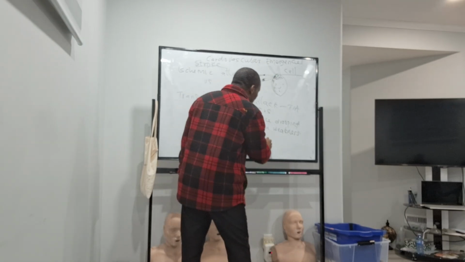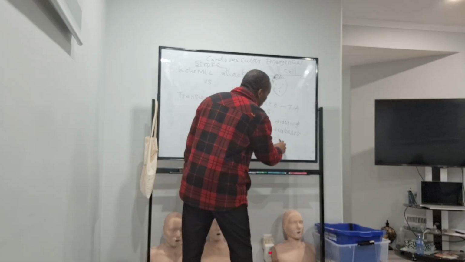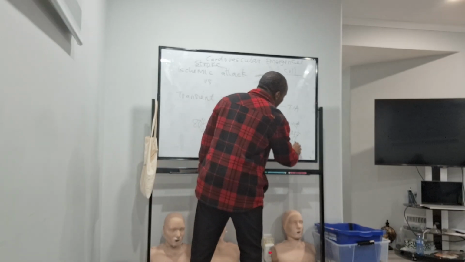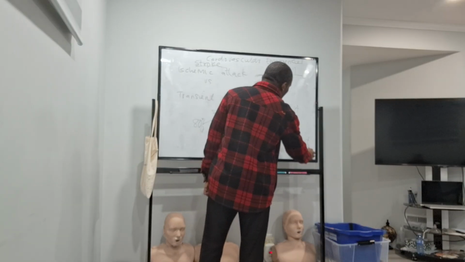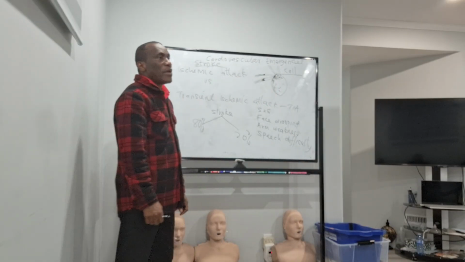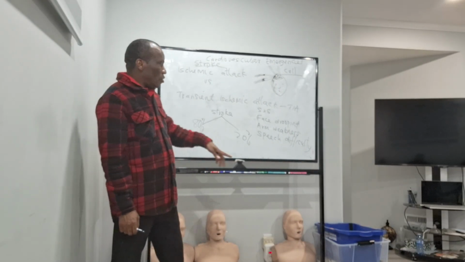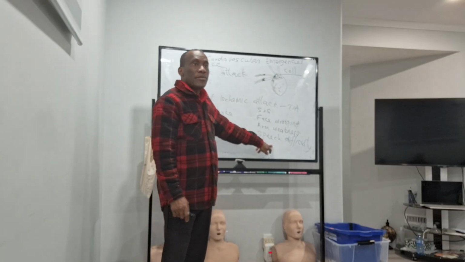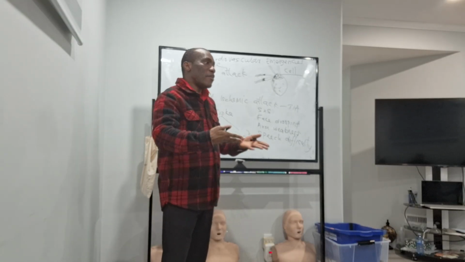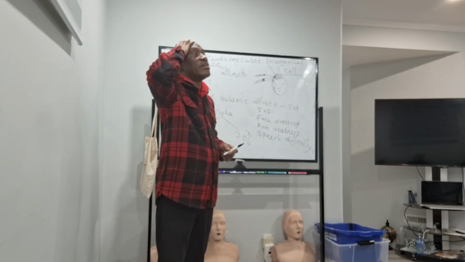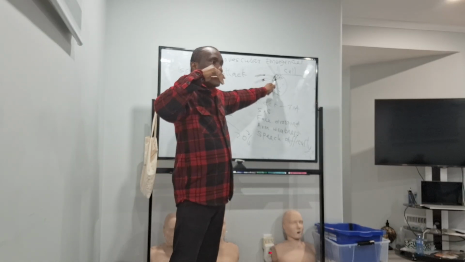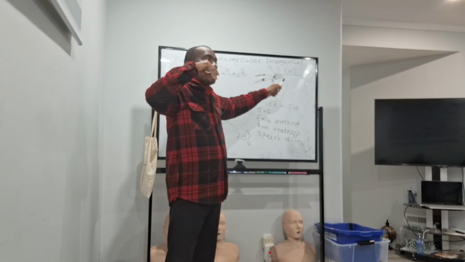And then speech difficulty. Their speech or even communication is usually affected. The way they speak, even understanding, will be affected, because depending on the area of the brain where it happens.